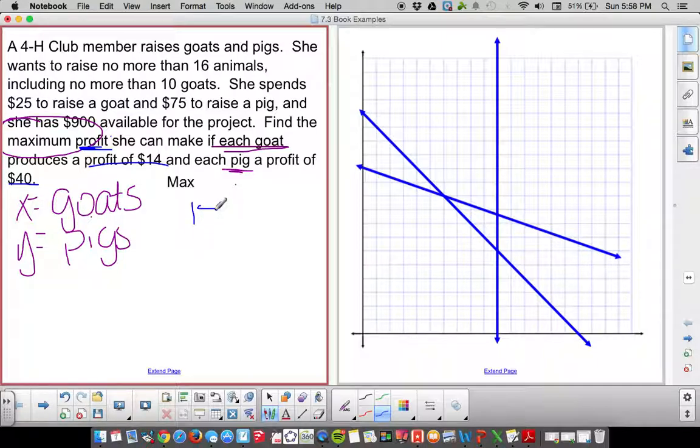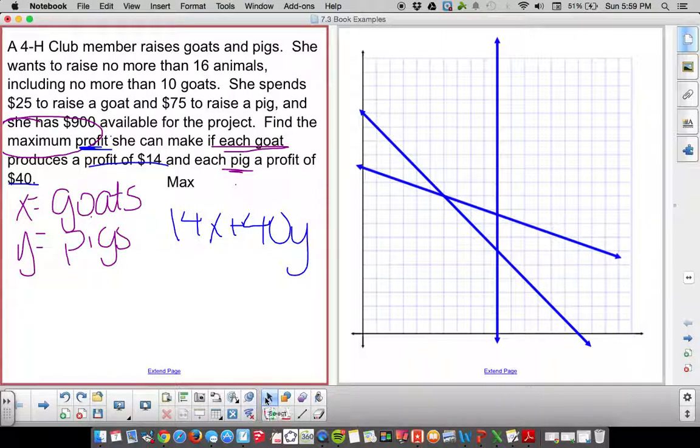So I know that's 14 times X plus $40 times Y. Now, I'm not really going to write it as an equation because it doesn't necessarily matter that it is an equation. What matters is that we get what we're trying to maximize. And I'm trying to maximize this quantity, whatever this ends up being after I find my corners.